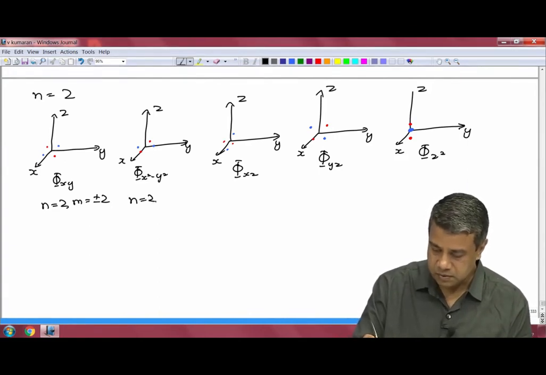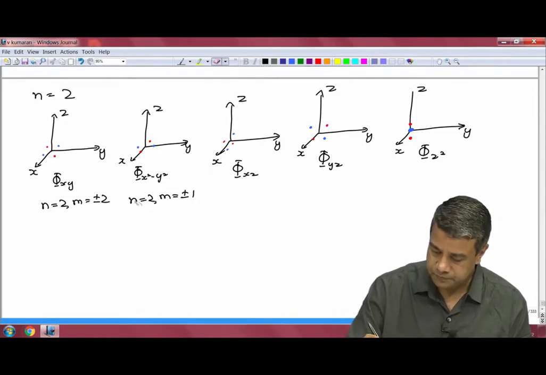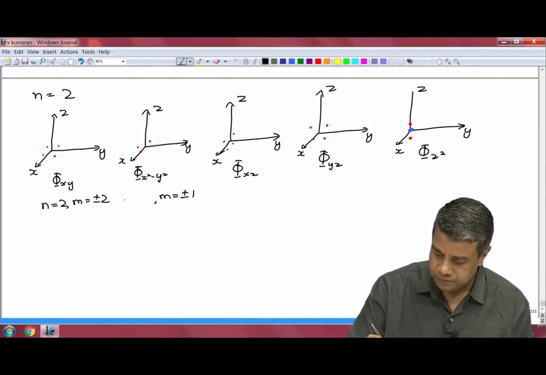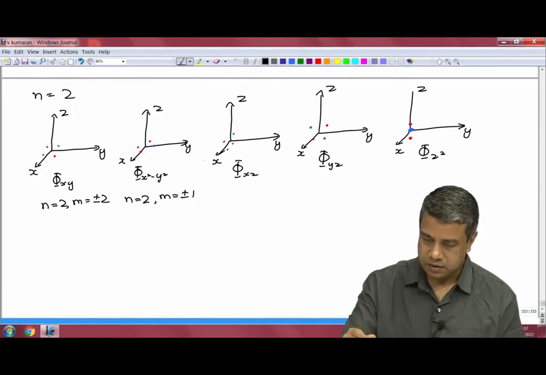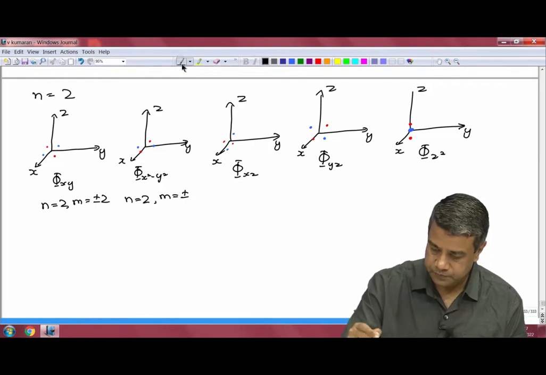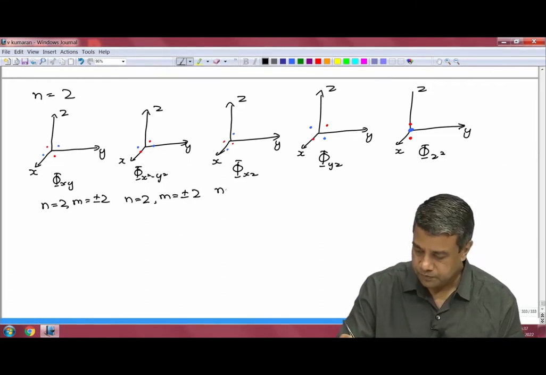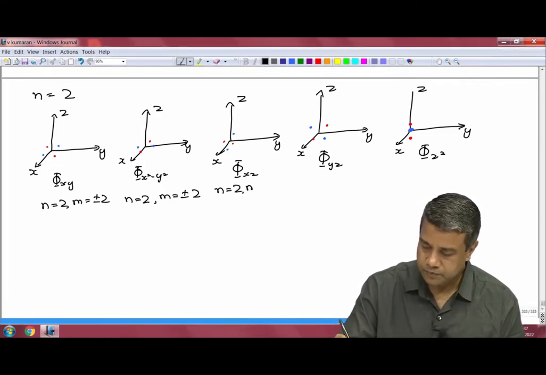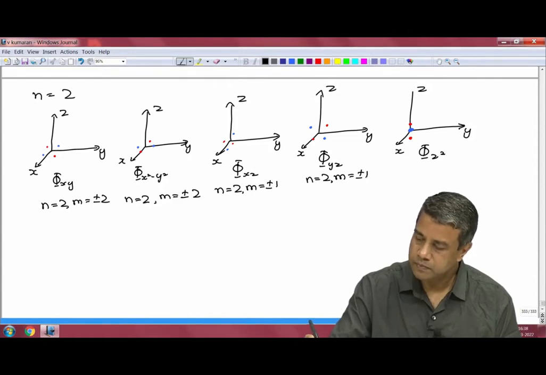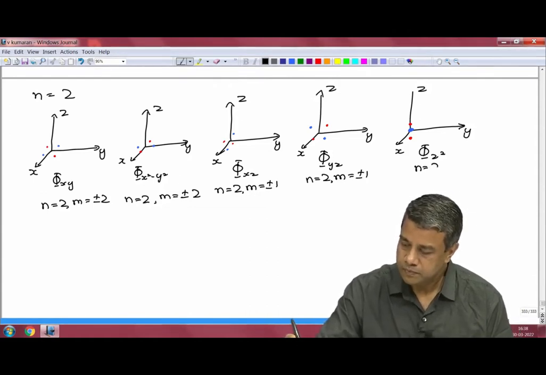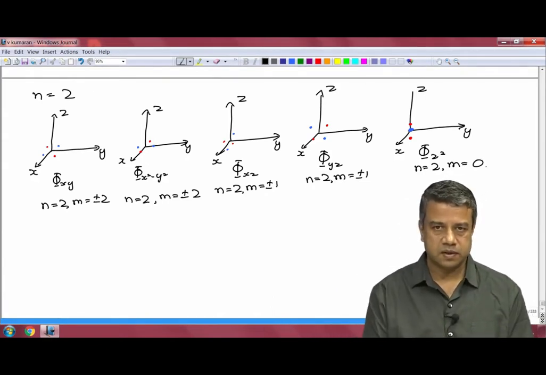N is equal to 2, m is equal to plus or minus 1. Sorry, this is plus or minus 2. So these are the 5 solutions.